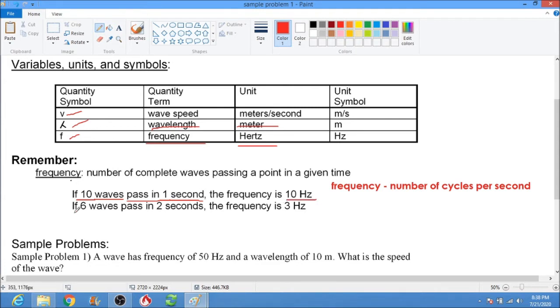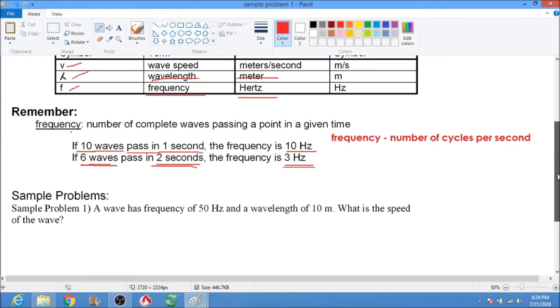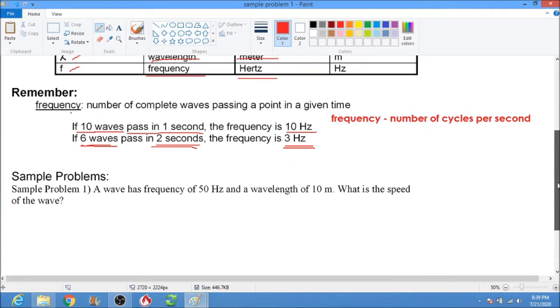If 6 waves pass in 2 seconds, we have 6 cycles divided by 2 seconds, and that will be 3 hertz. That is the computation for the frequency, the number of cycles per second.